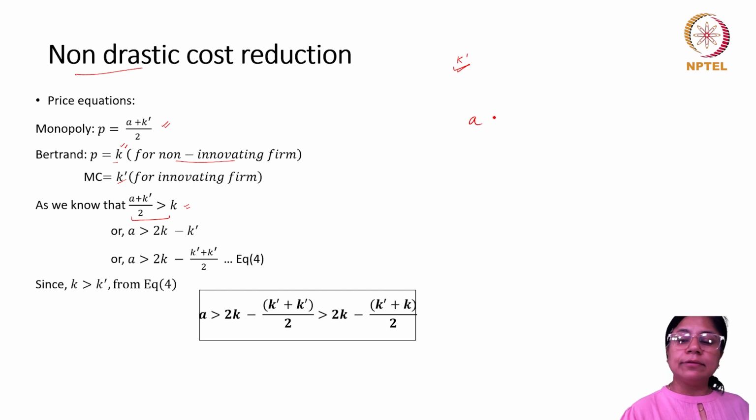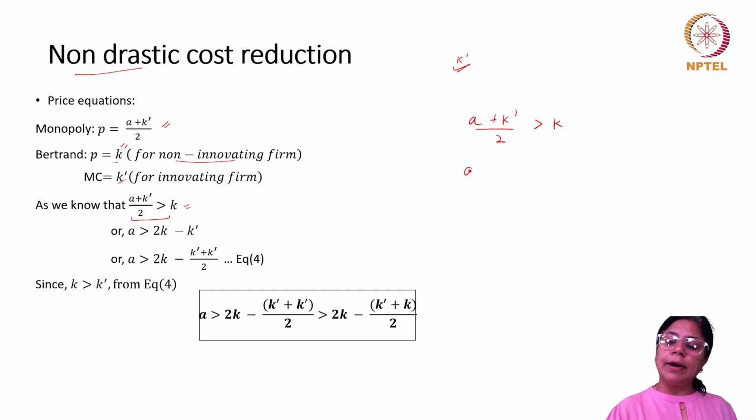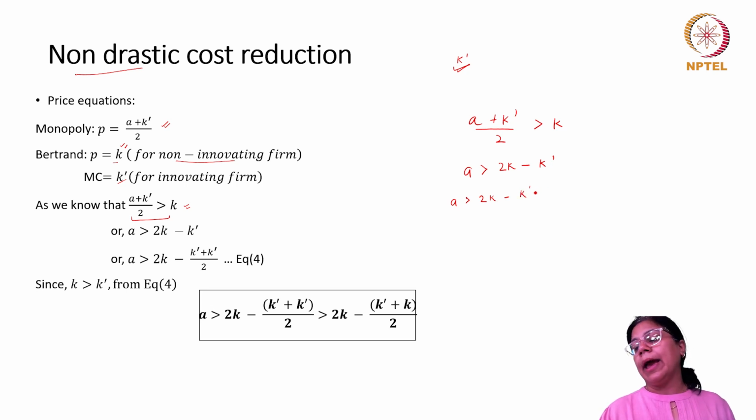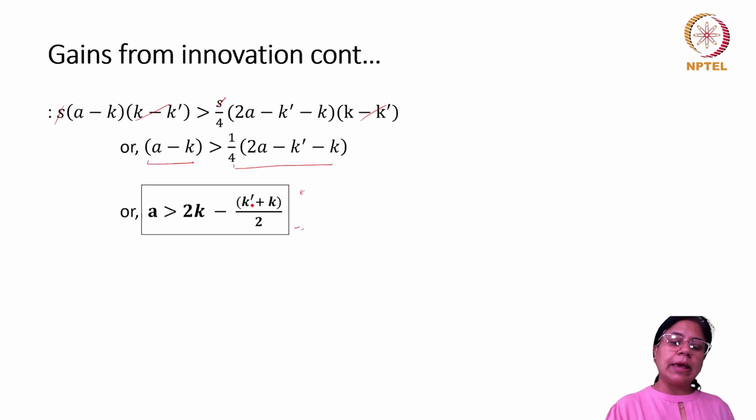Now, once we have this, that a plus k prime by 2 is going to be greater than k, clearly we can find out that a is now going to be greater than 2k minus k prime. Here what we will do, we will put it a being greater than 2k minus k prime, suppose we add k prime to it and then subtract both of them by 2. Nothing is going to change as such, just the term will remain the same. On the other hand, now if you compare the term which we had earlier, this one, which was k prime plus k by 2.